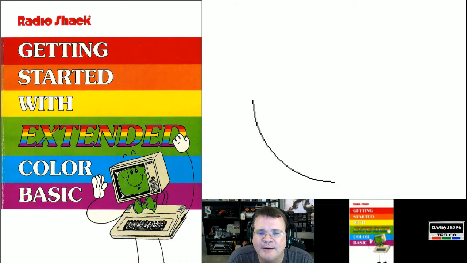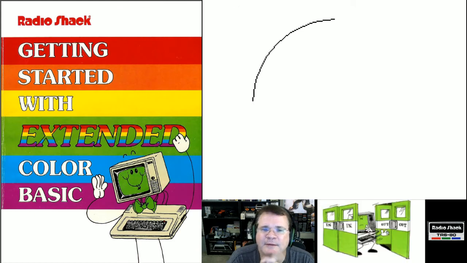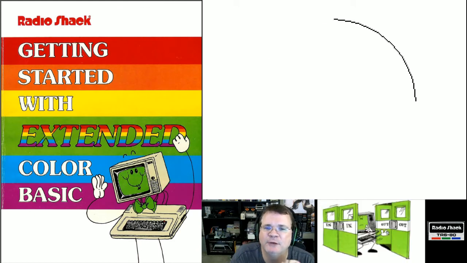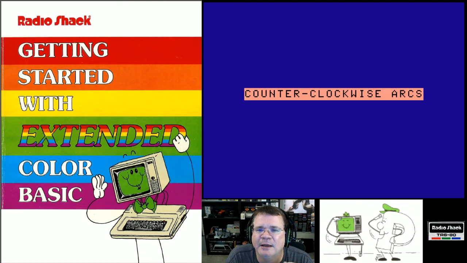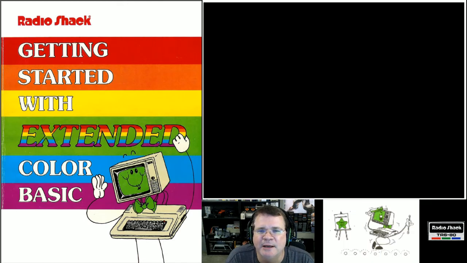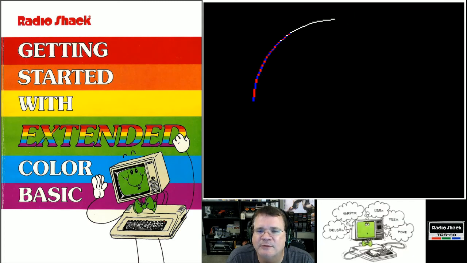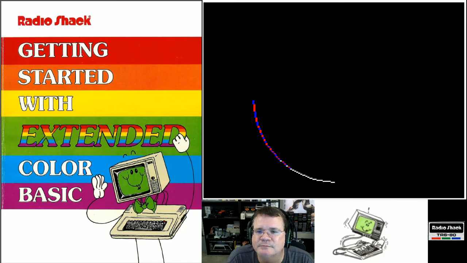Not only did he totally nail it, but he expanded it and added the nice little spirals, which is still a little bit difficult for me to grasp, but easy for me to appreciate. So here's our arcs. Here's our clockwise arcs. This is actually counterclockwise arcs now. Wicked cool. Wicked cool.